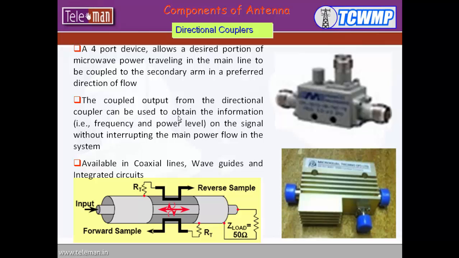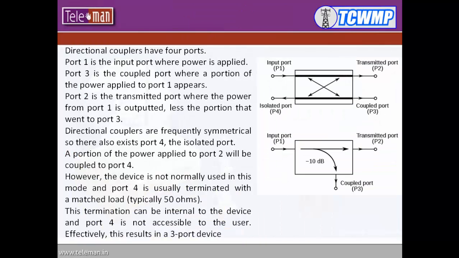The coupled output from the directional coupler can be used to obtain information. These are available in coaxial lines, waveguides, and integrated circuits. So directional couplers are important components of an antenna system.